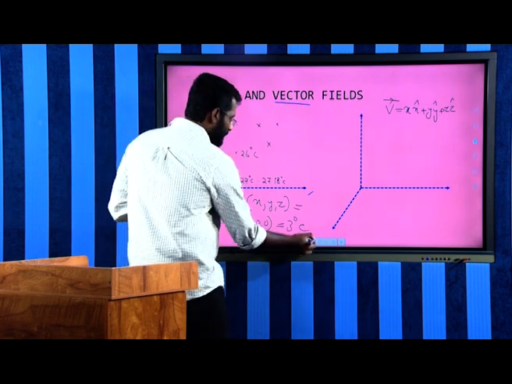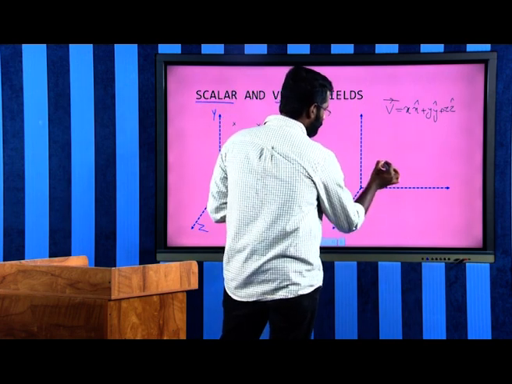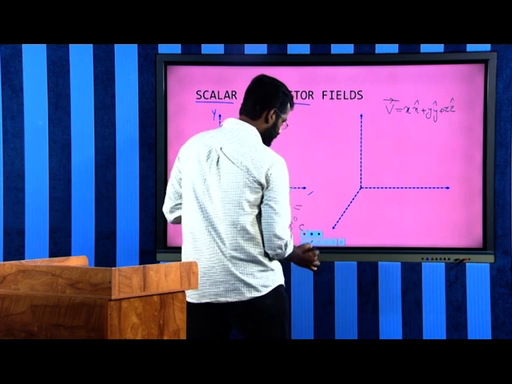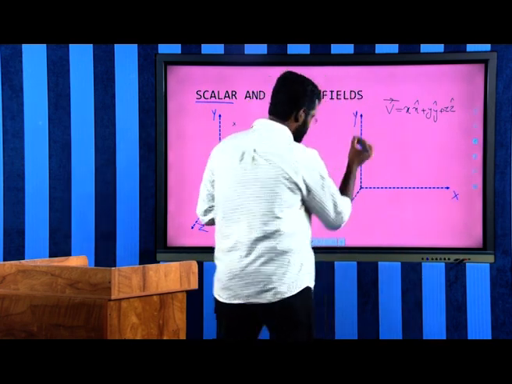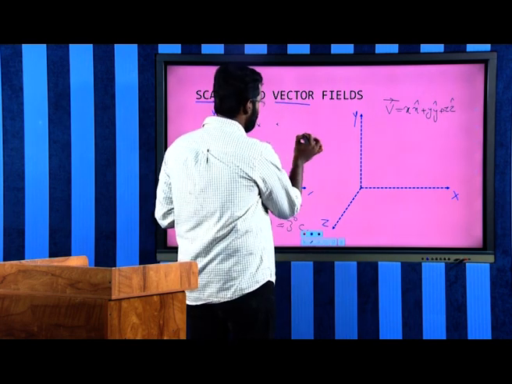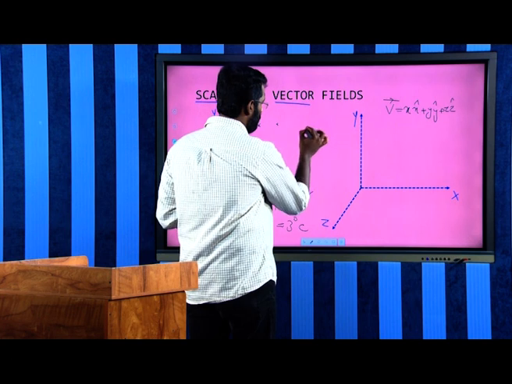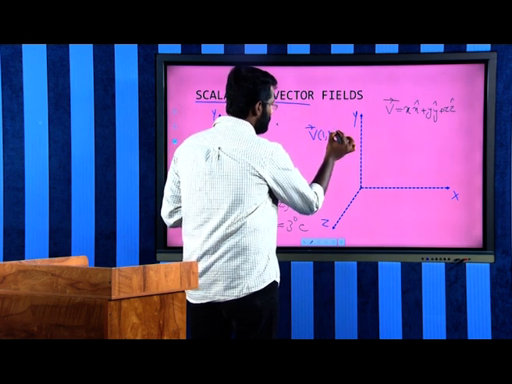For example, let us find the value of it at a point. Before that, let me give a coordinate here. So, this is x, this is y and this is z. Now, let us find the value of this V at the point 1, 1, 0.